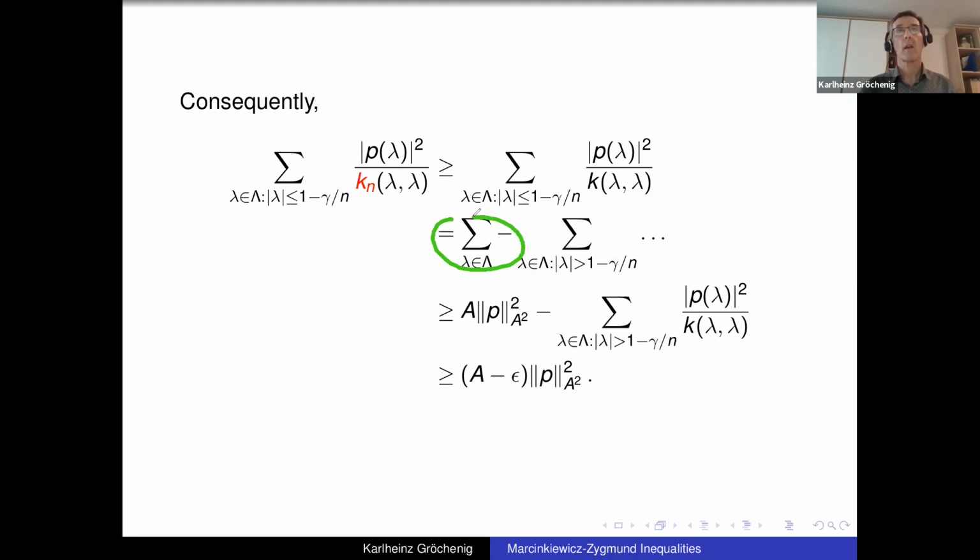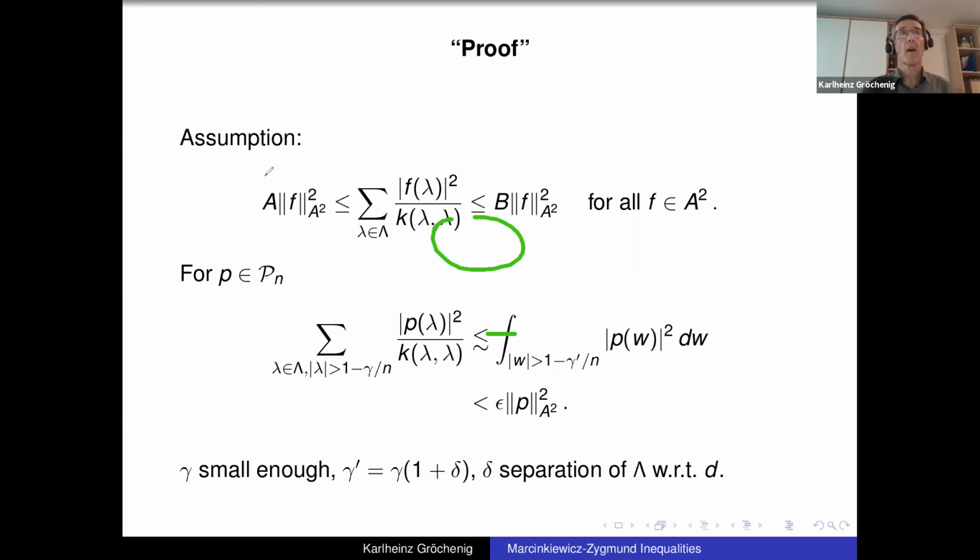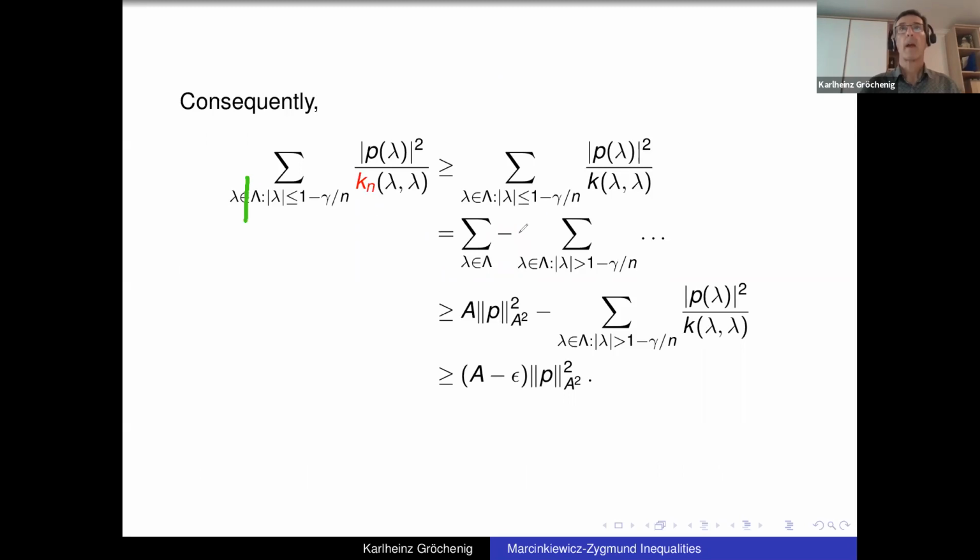This sum here is bounded below by a constant times the norm of the polynomial, simply because I have assumed that we start with a sampling set for the entire Bergman space. And this term is small by tail estimate. So we get a lower sampling bound that's independent of the degree n. The degree enters in the use of the intrinsic reproducing kernel and in the choice of the appropriate radius.